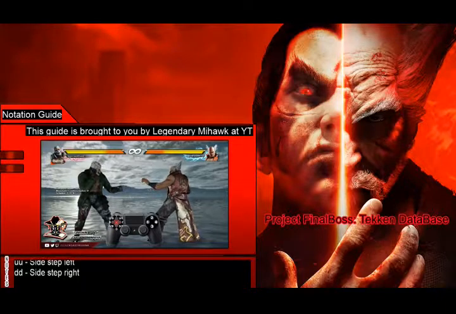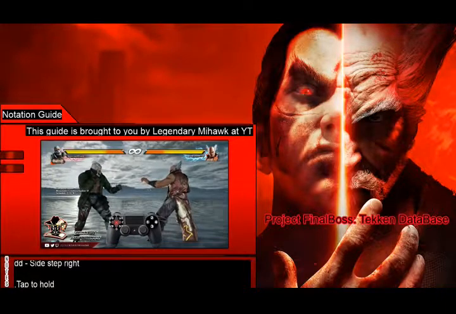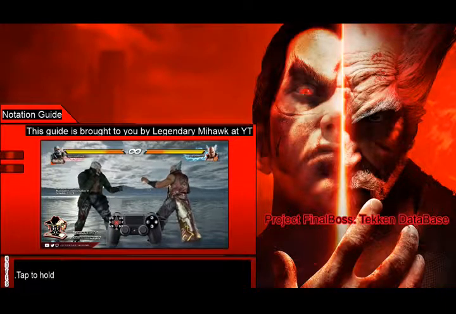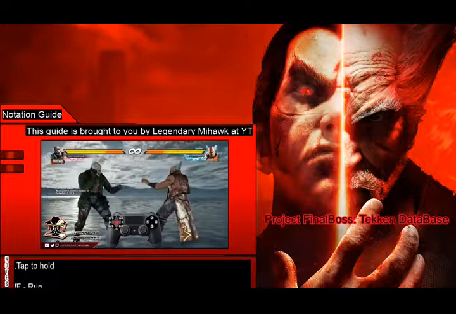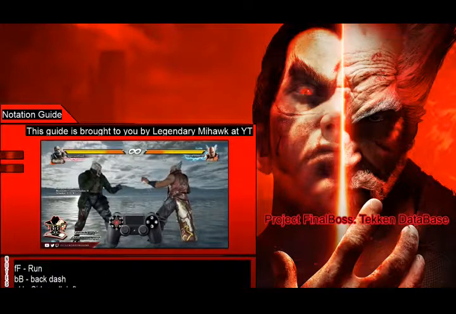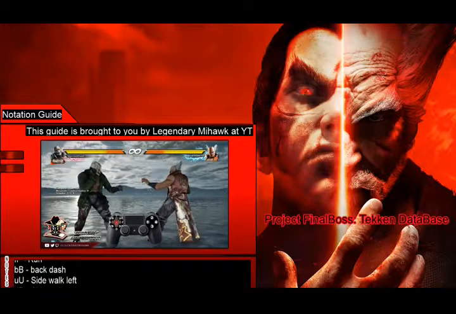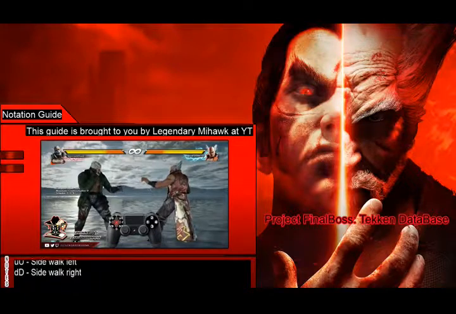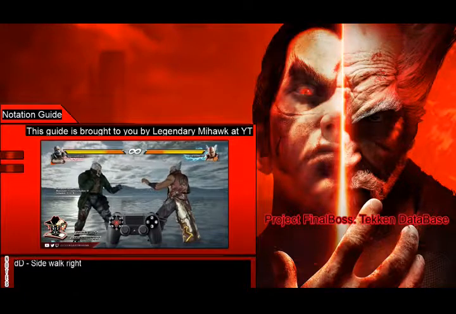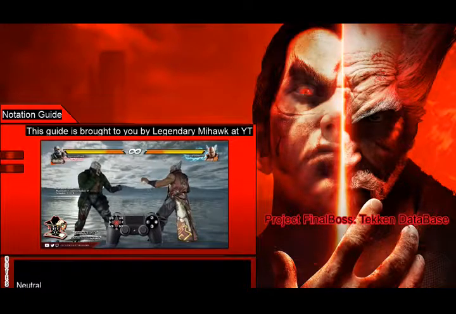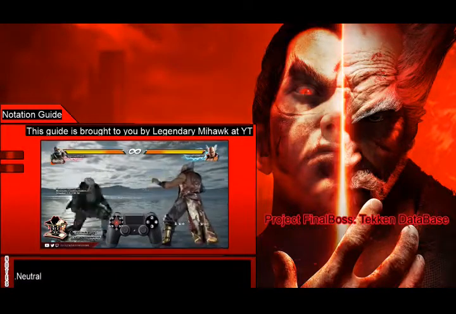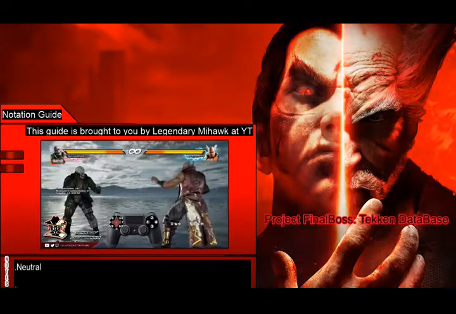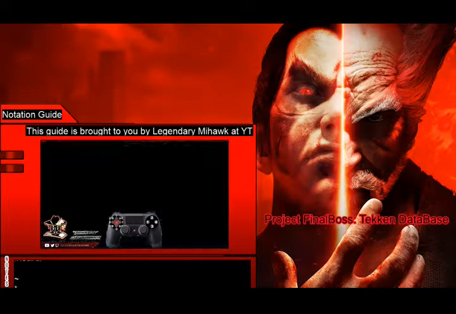Then another thing is that Brian, for example, has a QCF motion, which I mentioned in a lot of combos as well, which people didn't really seem to understand. So I'm gonna cover that as well. QCF basically stands for quarter circle forward, which is this motion here. It's down, down forward, forward, 4.